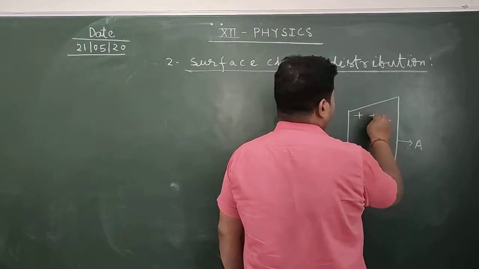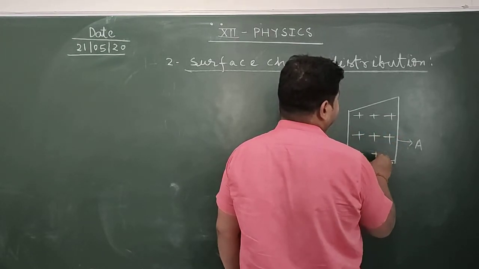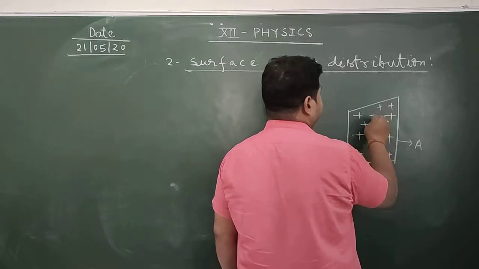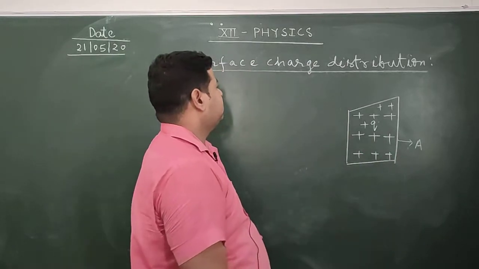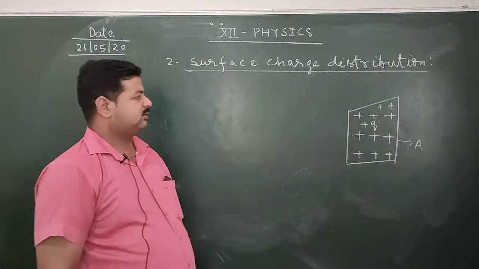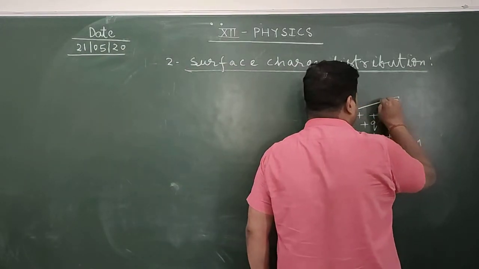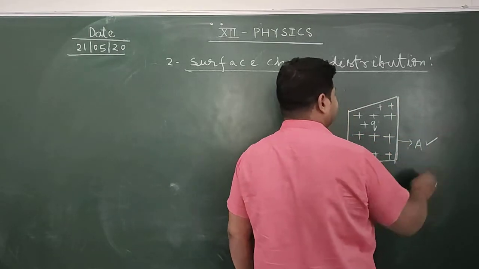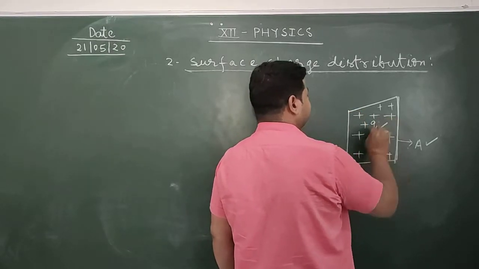If charge plus q is distributed on that surface, there is charge plus q. So distribution of charge on any surface is known as surface charge distribution. Clear? So here let us assume that area of this metallic plate is A and the charge given to this metallic plate is q.